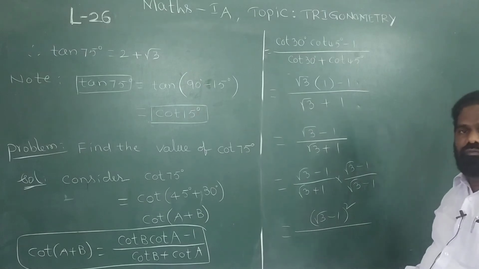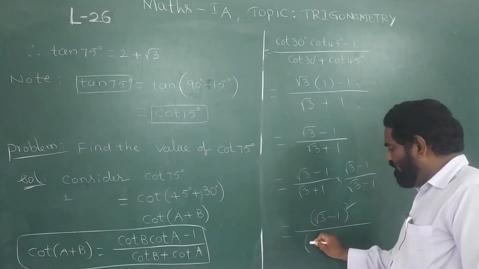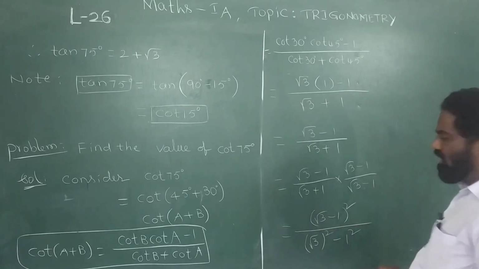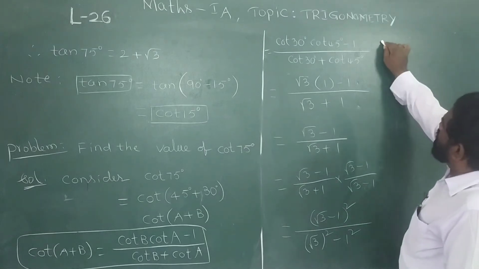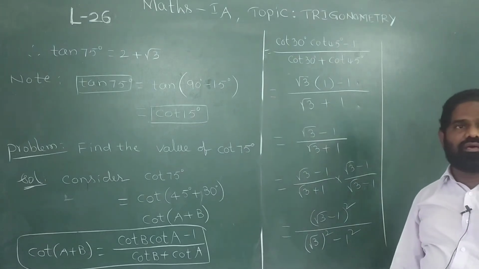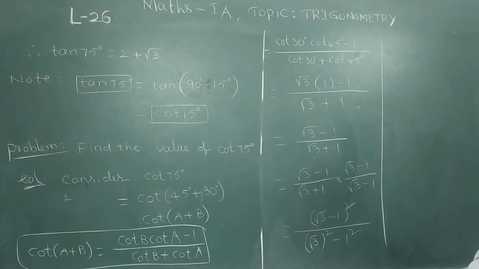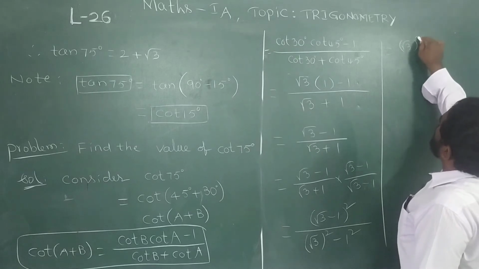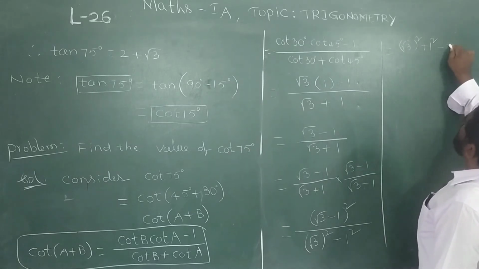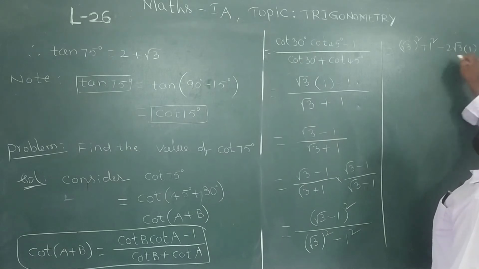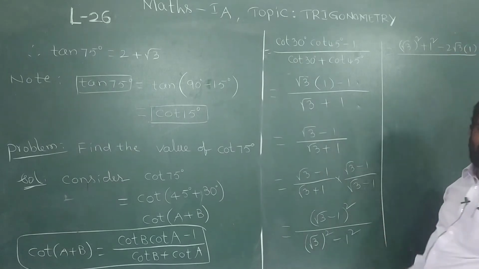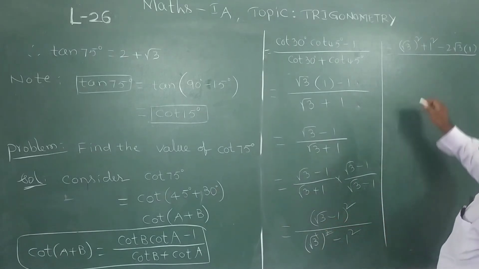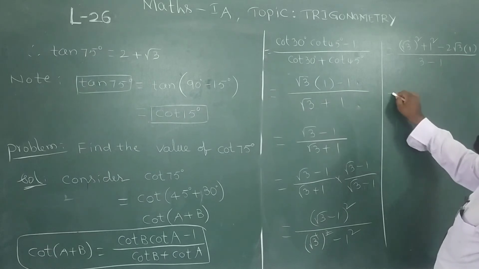Denominator in the form of a plus b into a minus b, a square minus b square: root 3 square, 1 square. Expand the numerator in the form a minus b whole square: a square, root 3 square, plus b square, 1 square, minus 2ab, 2 into root 3 into 1.